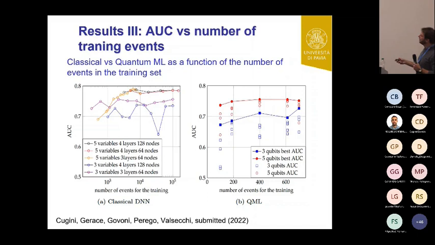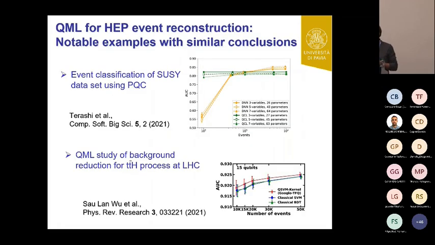And as you see, typically the classical machine learning needs many more events in the training set to perform well, while the quantum machine learning requires less than 1,000 events in the training set to perform comparably well and with a distribution that is almost flat. Nicely, again, this is a small project run by bachelor students.